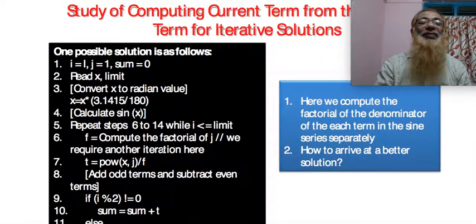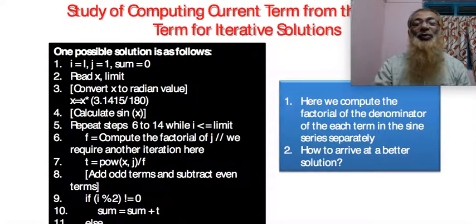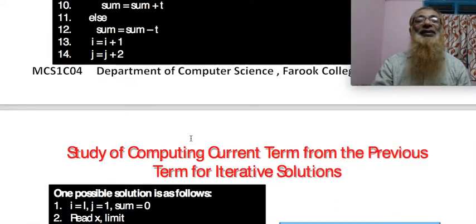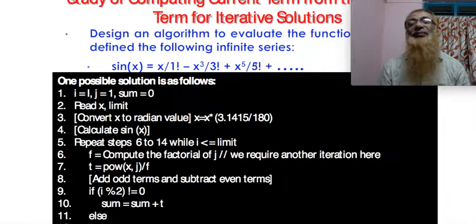See the factorial computation here. In the denominator part of the sine series, each of these terms has to be computed. 1 factorial here, 3 factorial here, 5 factorial here. In the given solution, we compute these factorial terms from scratch.